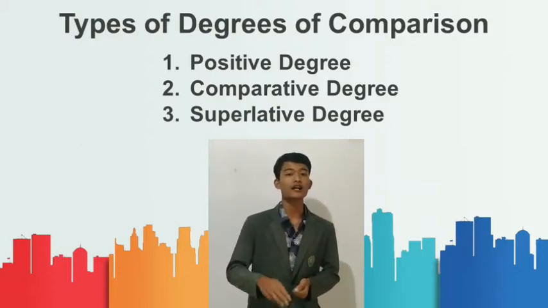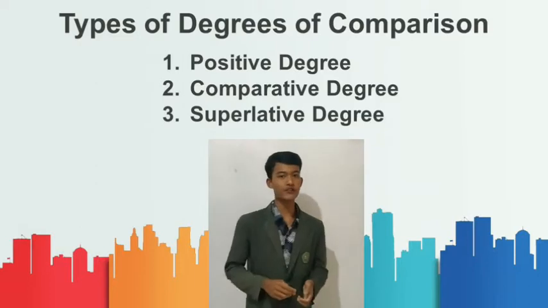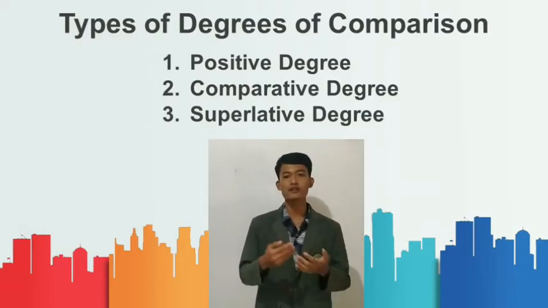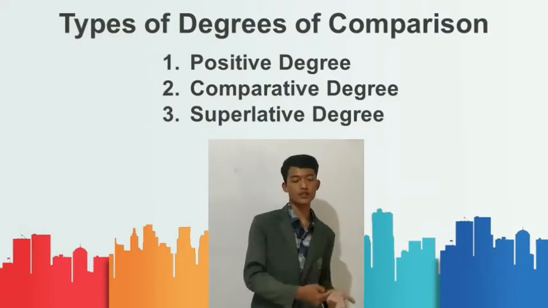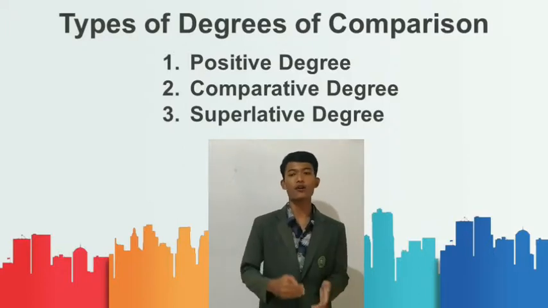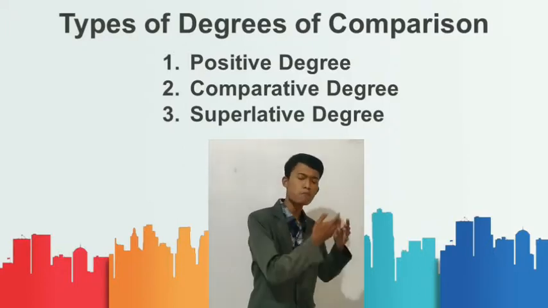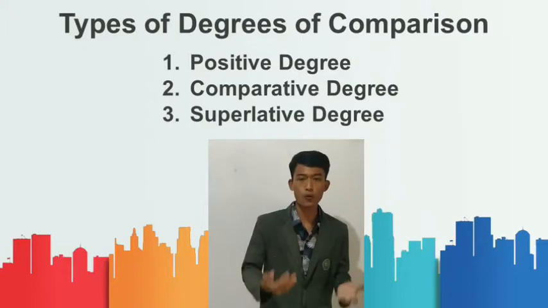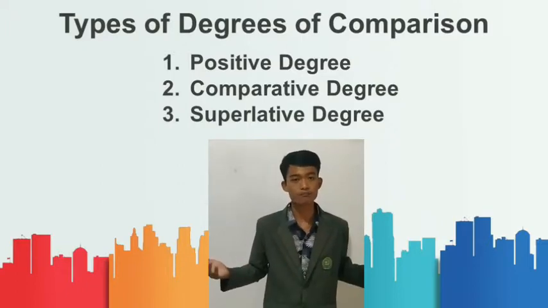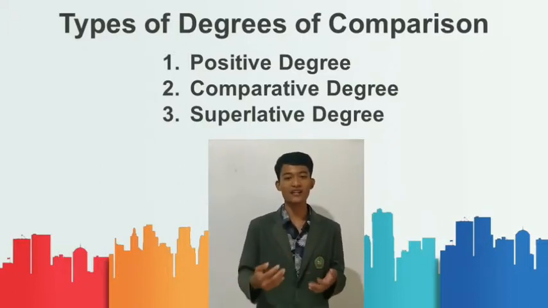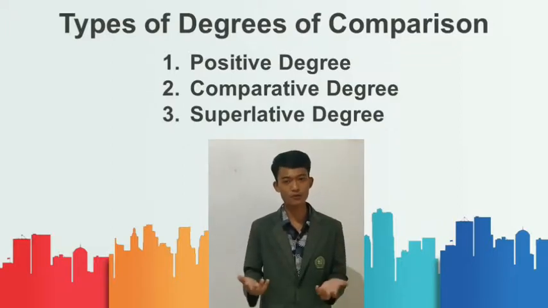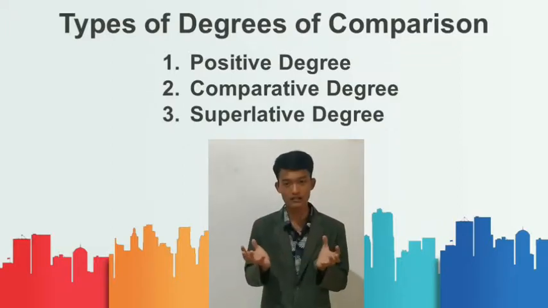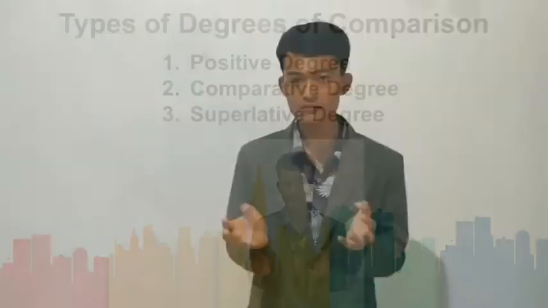And then the superlative degree is used to describe one person or thing or animal or idea as having more of a quality than all other people, things, animals or ideas in some group, in some situation. Okay.